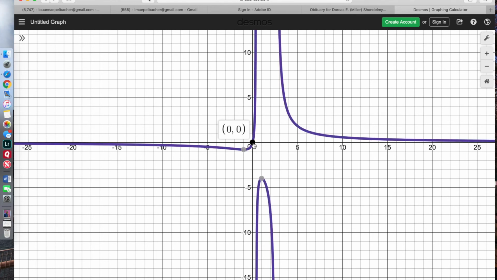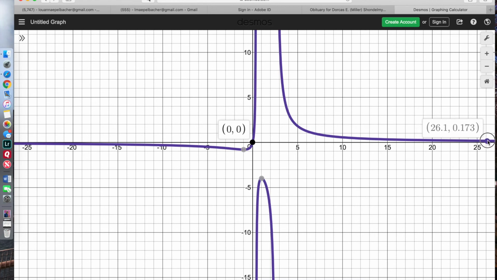Having said all of that, the question is just asking about your x and y intercepts. And if you look at your whole x-axis, the graph is going to be above the x-axis on the right, and it's going to be below the x-axis on the left. And if you're not sure, you can just scoot out the point to both ends to see what those numbers are doing.